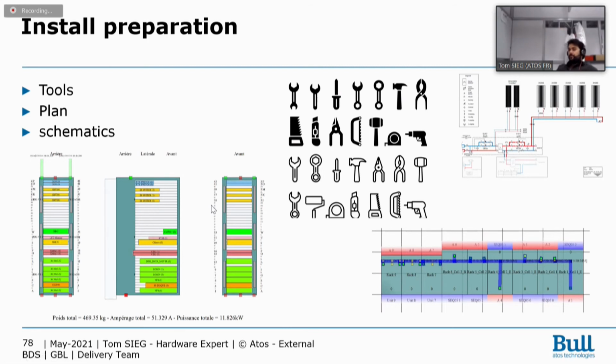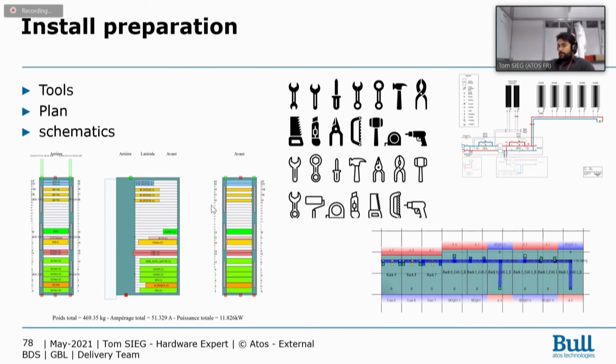Installation preparation. You will have to prepare your tools, because some racks necessitate specific tools. For example, nobody is really prepared to use plumber tools, or doesn't have plumber tools, to be able to connect correctly a direct water-cooled solution, to connect an adiabatic tower or something like this.